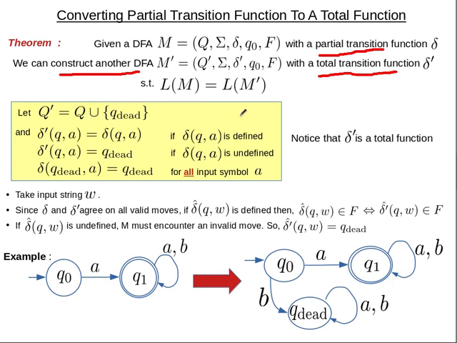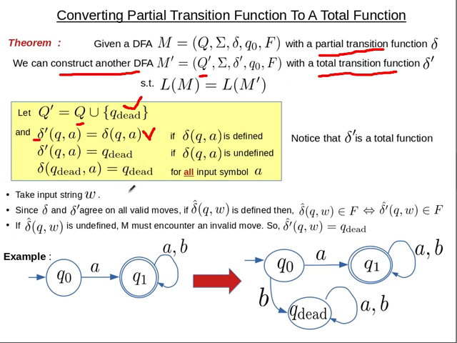This set of states is different from the original in that all the states of Q are here, but along with that we introduce just one more state, this dead state. And the transitions are also the same. Whatever transition you have in your original DFA, you also have it here.